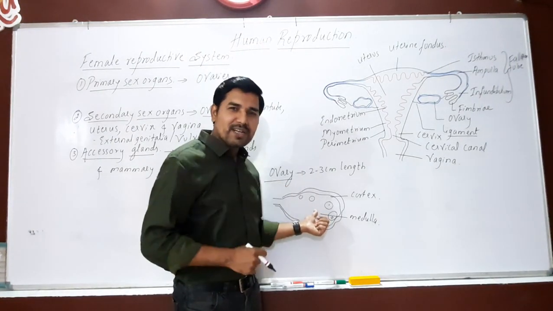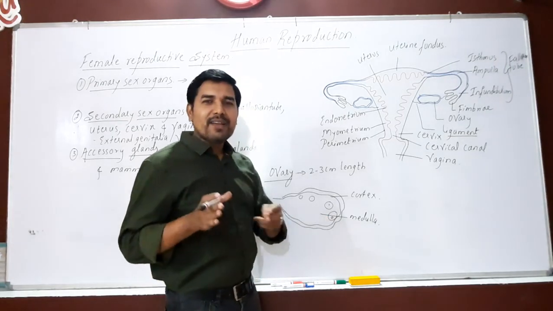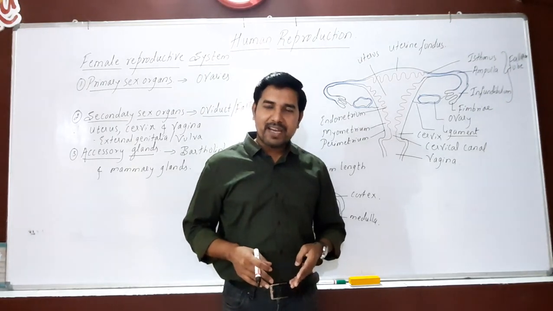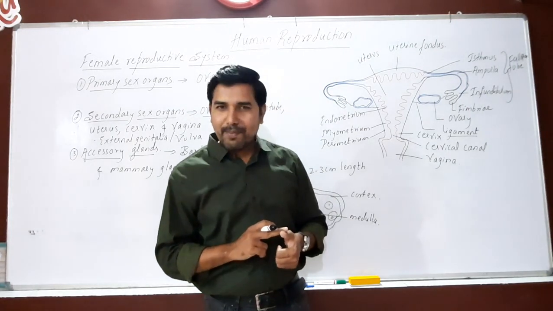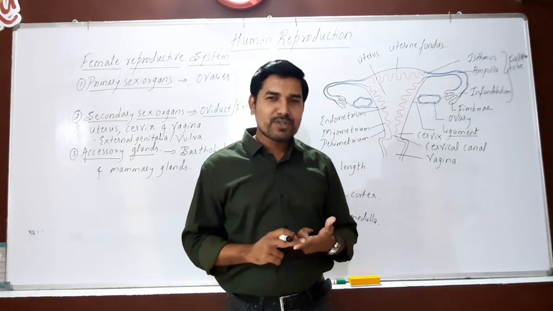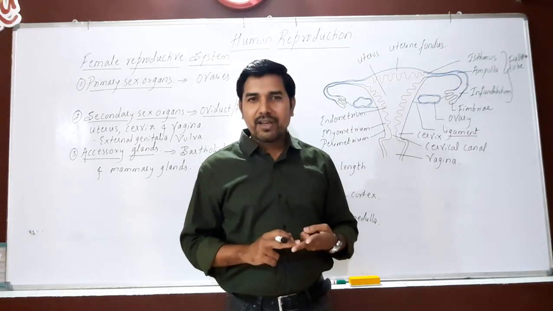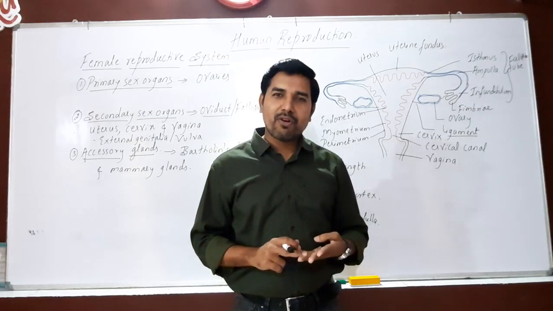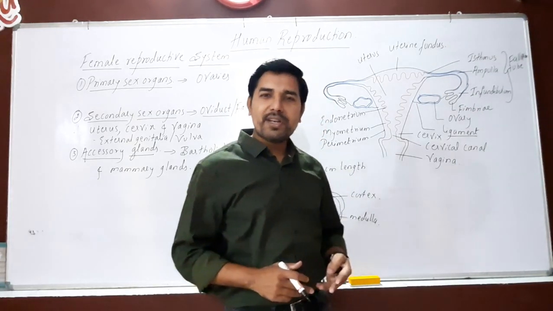Estrogen is responsible for the secondary sexual characters in the female, like development of the breast, development of the female reproductive system, then body contour. So the body contour is a little bit rounded, and there is development of a thick pelvis and subcutaneous fat also.